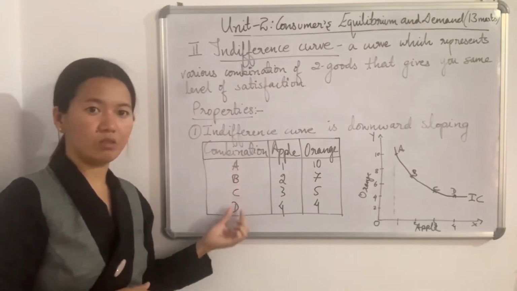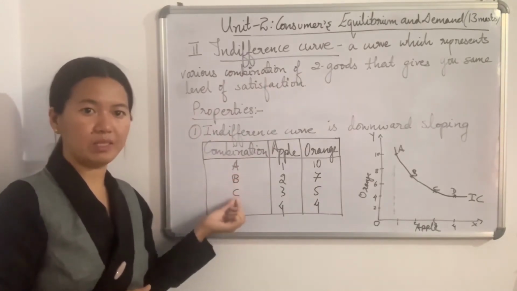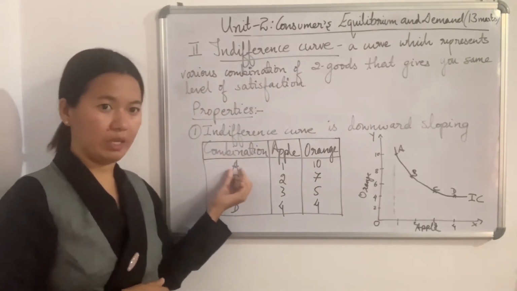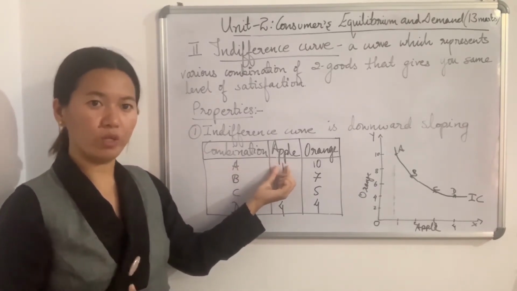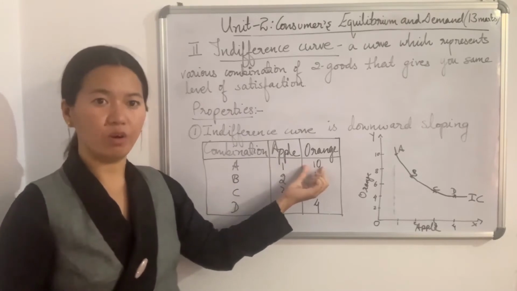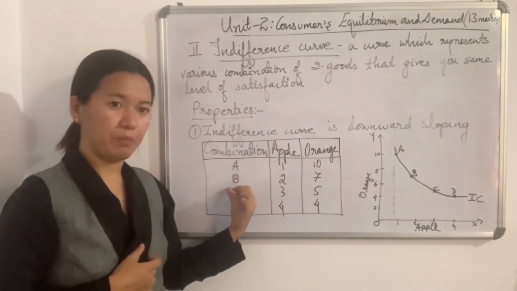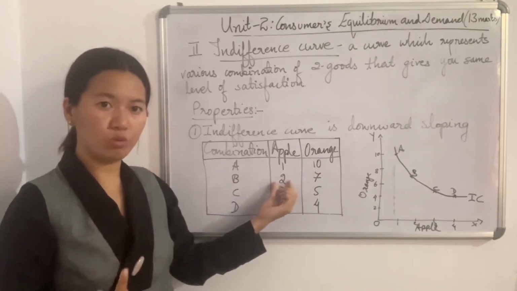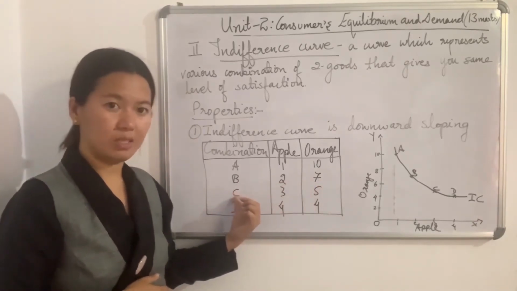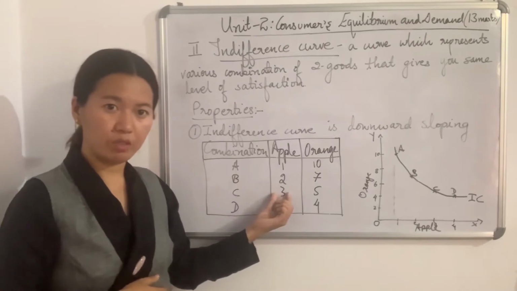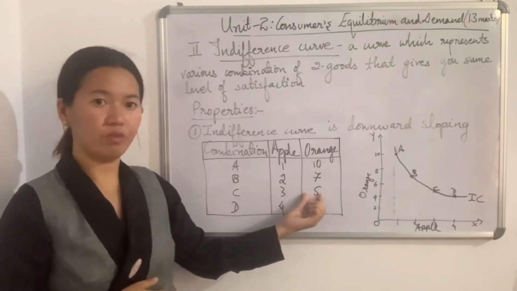These are the various combinations A, B, C, and D. Combination A is when you consume 1 unit of apple and 10 units of oranges, and combination B is when you eat 2 apples and 7 units of oranges, and combination C when you have 3 units of apple and 5 units of orange.